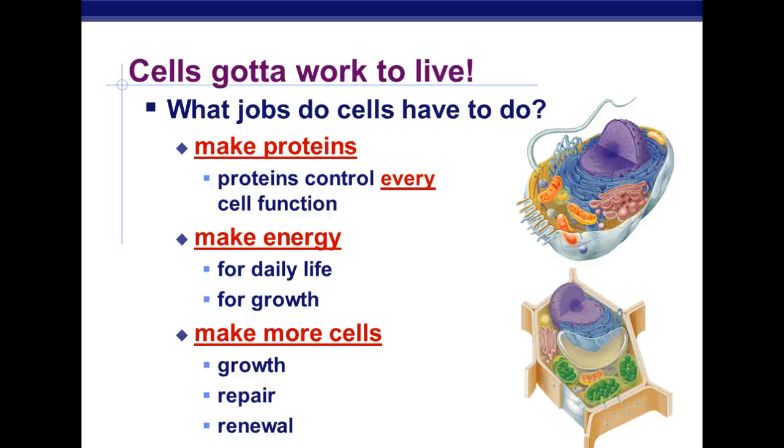This produces energy stored in a familiar molecule. What's it called? Yes, ATP. That energy is used for growth and daily functions. And the last, and certainly not the least, is to make more cells for growth and repair. So make sure you've got all three of those basic functions in your notes, and let's move on.